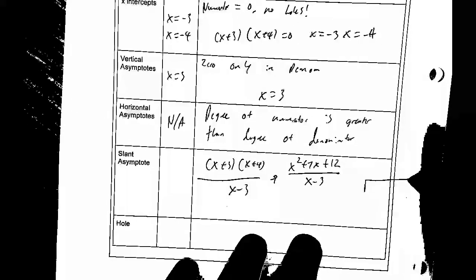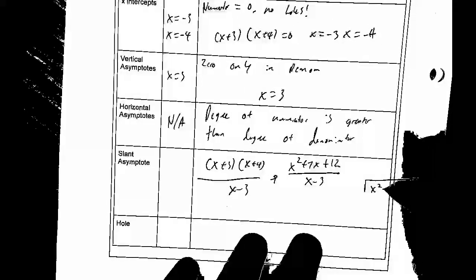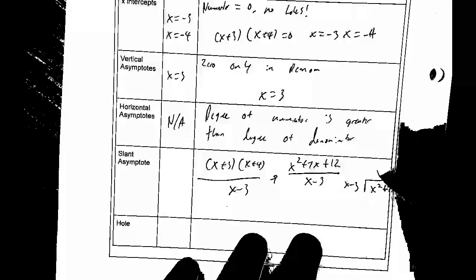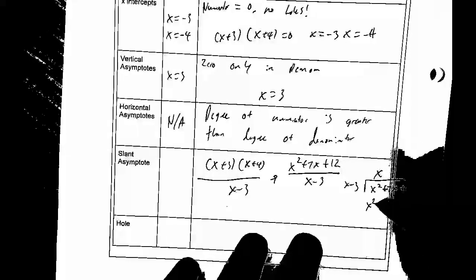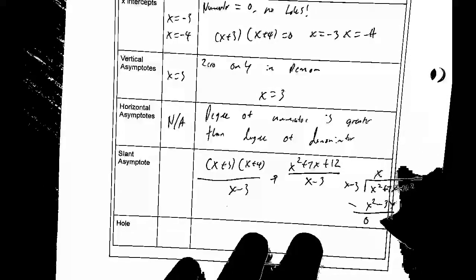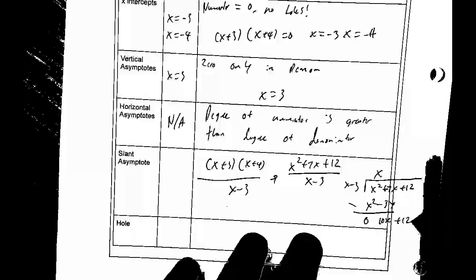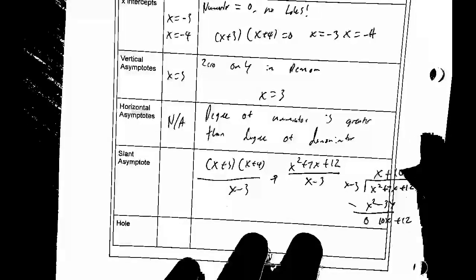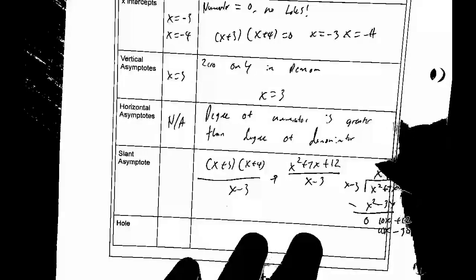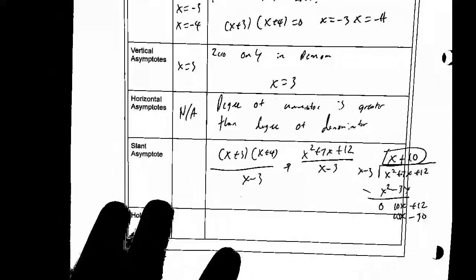We do some long division. X squared plus 7x plus 12 divided by x minus 3: it's x squared minus 3x, subtract, we have 10x plus 12, so this would be a plus 10, and we're done there.